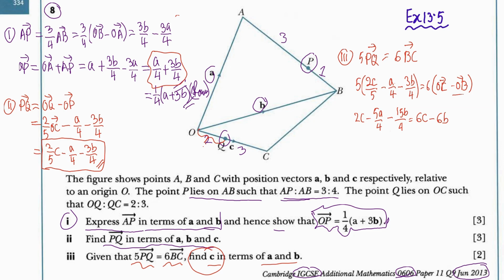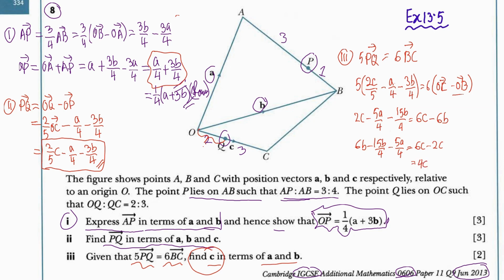So 6b on the left side, minus 15b/4, and minus 5a/4. On the right side 6c minus 2c gives 4c.